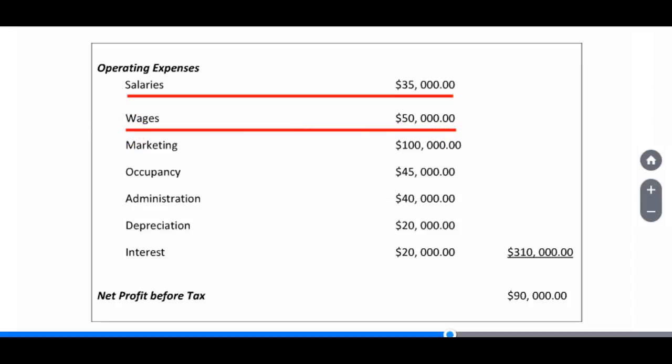Wages, which are typically for casual staff and include superannuation and on-costs such as high levels of pay for out-of-mainstream business hours employment. Marketing, such as television or letterbox drops.